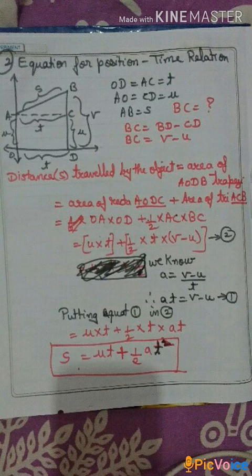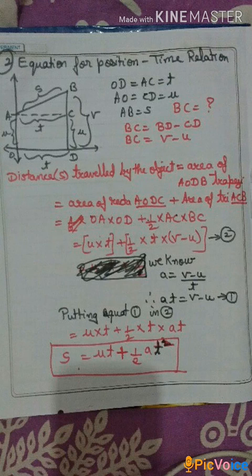Here I have given half into AC, where AC is the base and BC is the height. That can be written below as s = u into t plus half into t into BC.